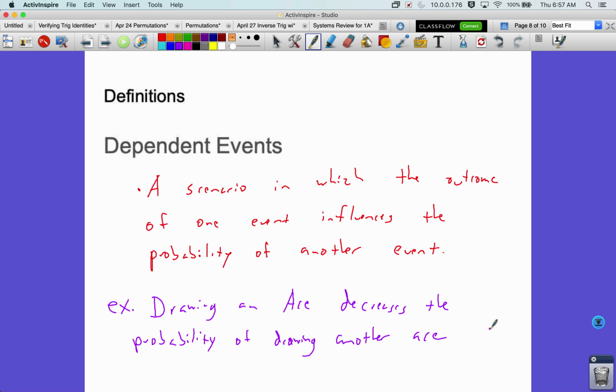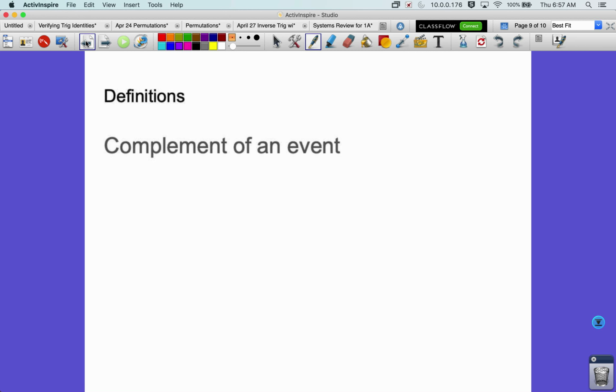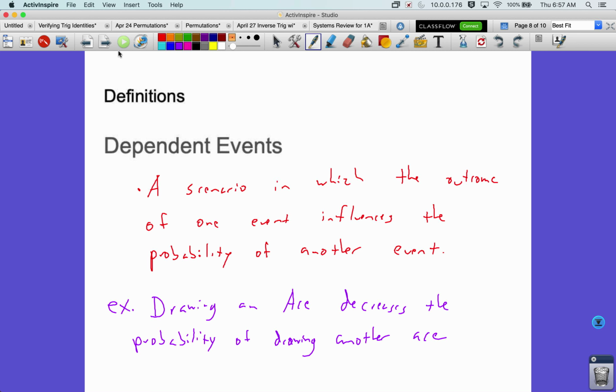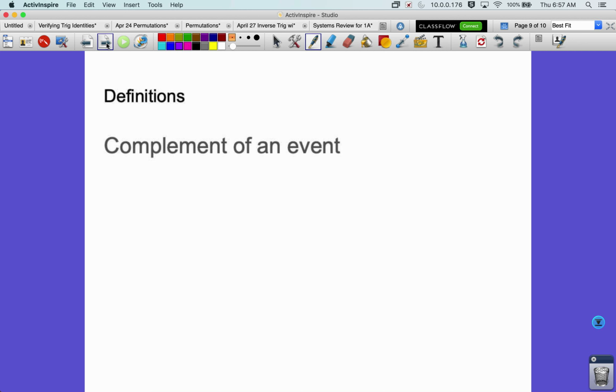If you've already got 3 of the aces, the chance that you're going to draw the 4th one is super low because there's only 1 ace left in the deck. So that would be a dependent event. All right, and so with independent and dependent, they both have a temporal quality where event 1 happens, then event 2 happens.